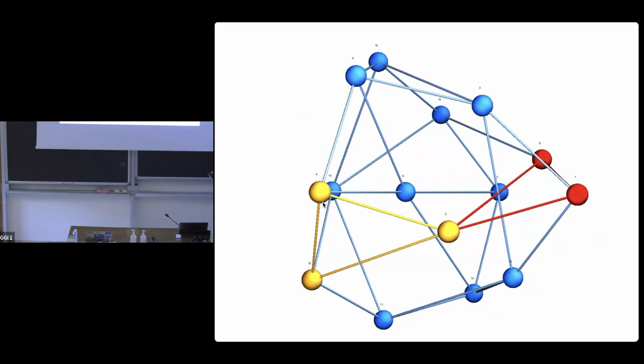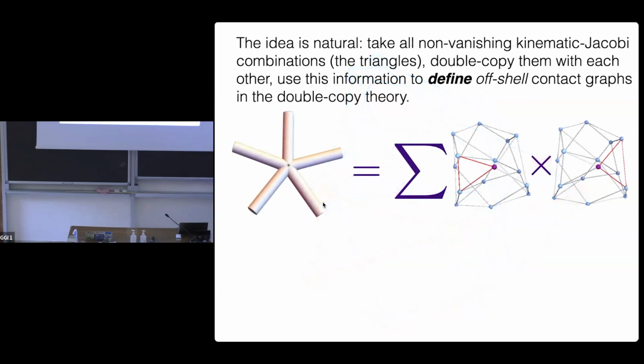But what if you've got violations of Jacobi? So you've got representations where your triangles are unhappy. Those violations of Jacobi double copy with each other to generate the corrective contributions of new contact terms that you add to your gravitational representation. So when Jacobis are satisfied and you double copy, you stay cubic.